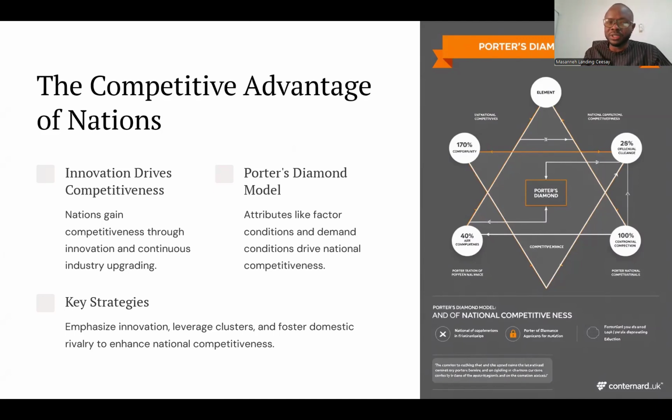The other factor is the demand conditions. Demand conditions look at the market structure and size of a product, which is what drives innovation as well as product improvement. If the market structure is right and the size is right as well, firms are usually willing to put their strongest foot forward to be as innovative as possible and improve their products.